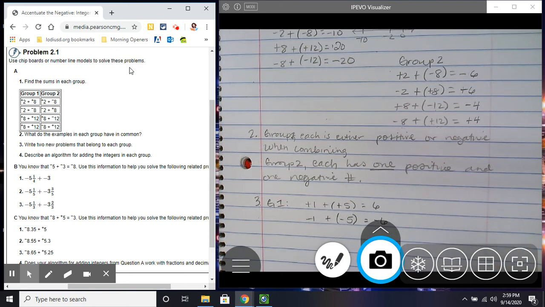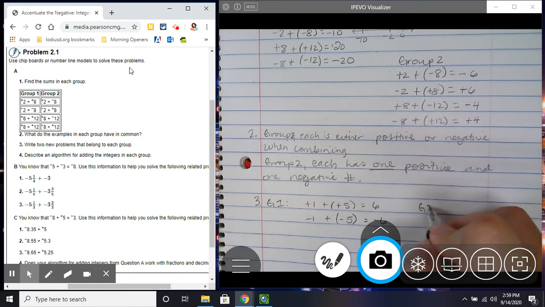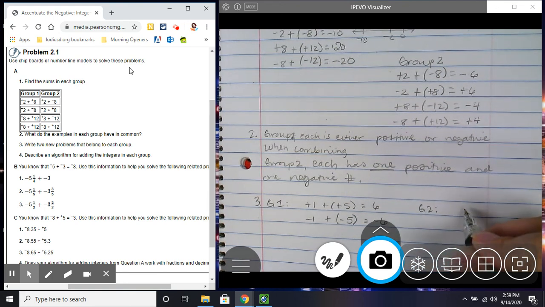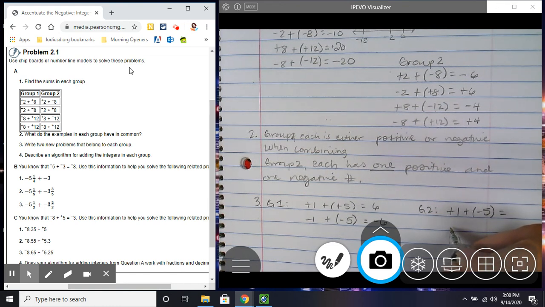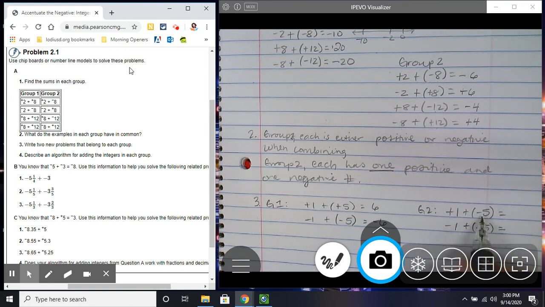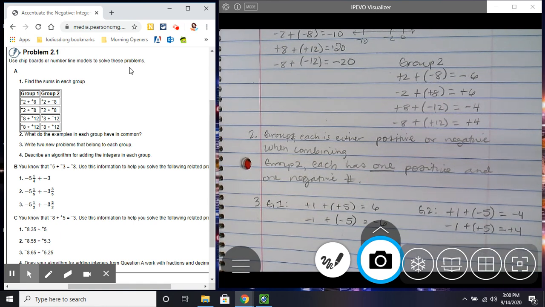And then group 2 would be +1 plus -5 and -1 plus +5. So this one is bigger, so it's going to be a negative number, so it's going to be -4. And then here, this one's bigger, so this is going to be +4.